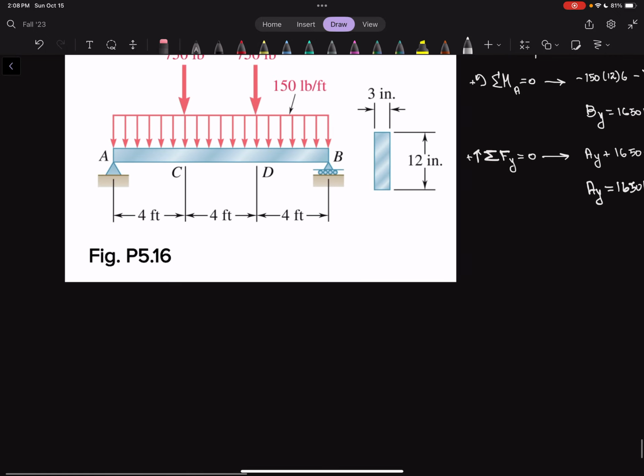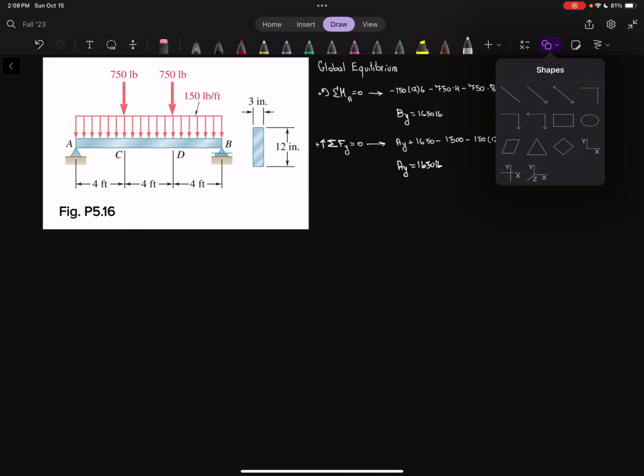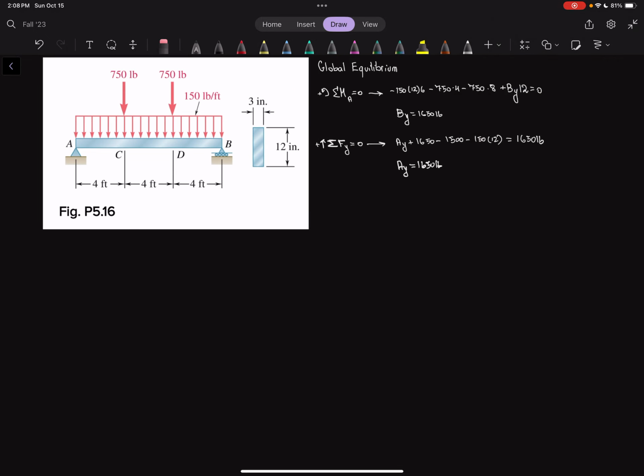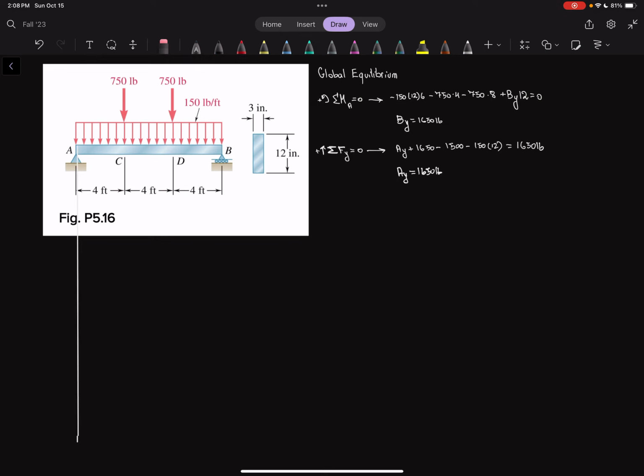And now we can draw the free body diagram. So right here, this, and right here, this, and then I'm going to make a cut here.